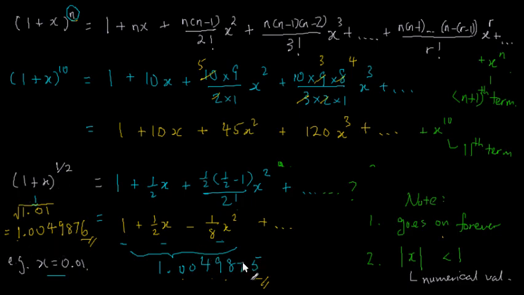And what this means is that the binomial expansion gives us a way to calculate approximate but still accurate values in a simple way. And this is the kind of technique that is implemented in some kinds of calculations in calculators and computers.